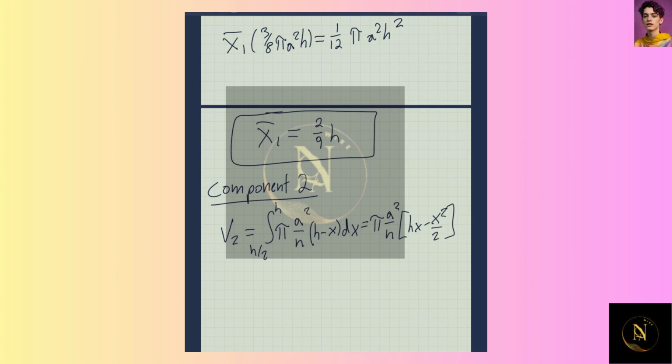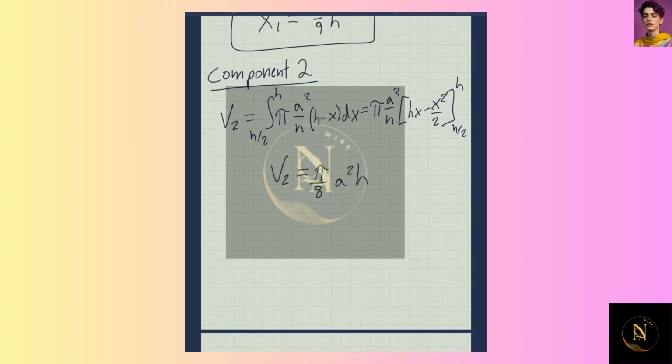Solving the integral, we get pi a squared over h times hx minus x squared over 2 from h over 2 to h, which simplifies to pi over 8 a squared h.